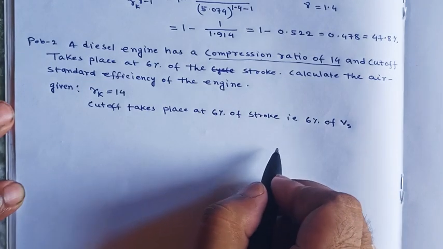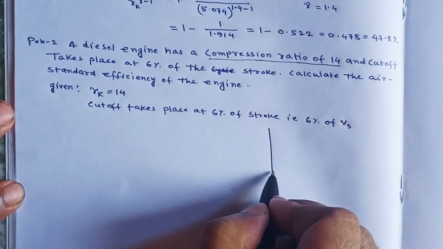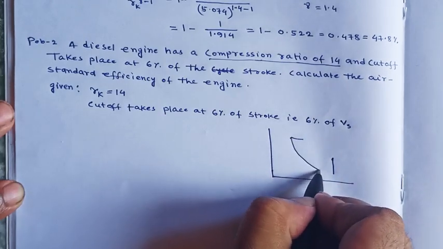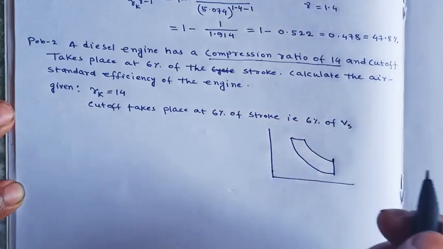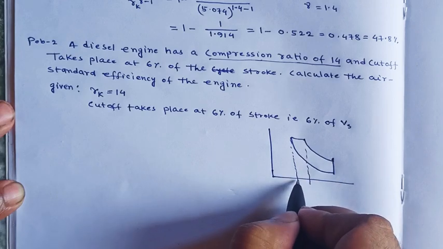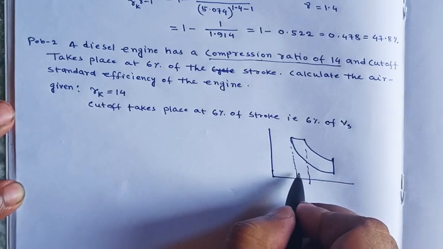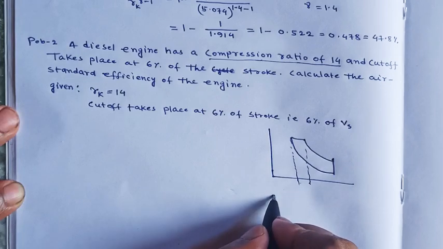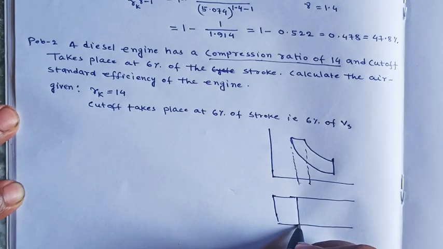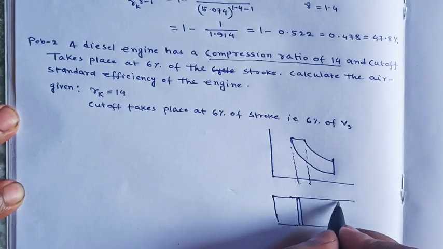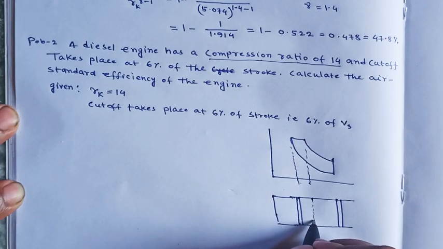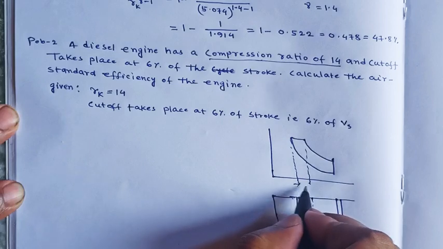Okay. Now what is this? This is the diesel cycle. This volume, that is the piston can move from here to here. So up to this volume is cutoff volume.